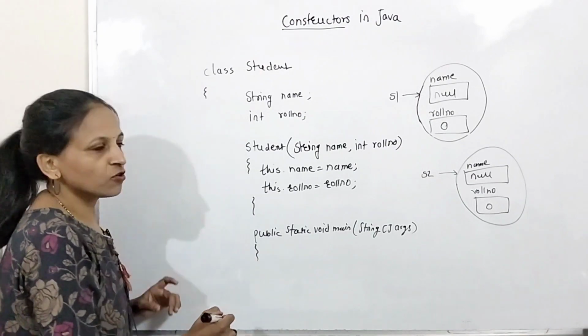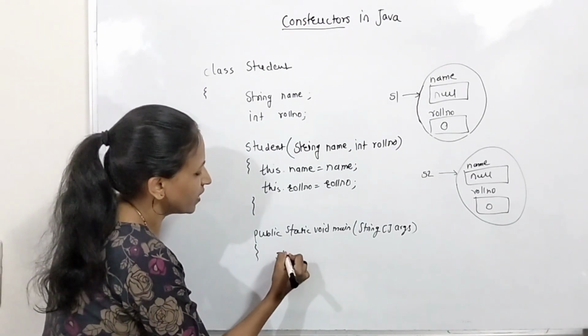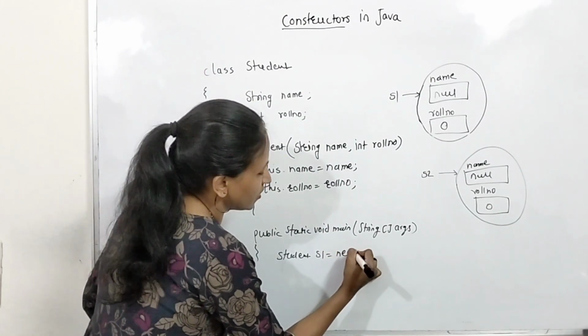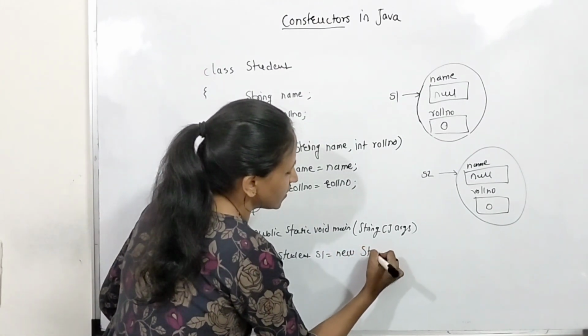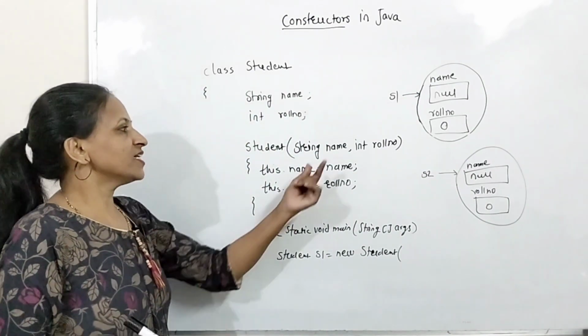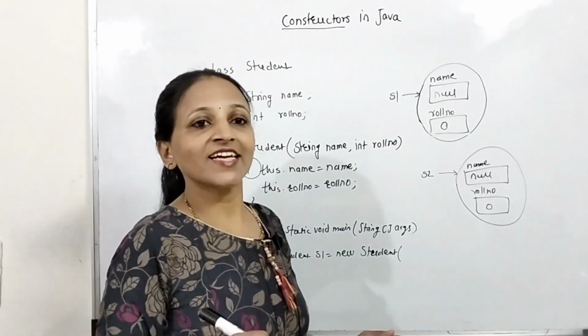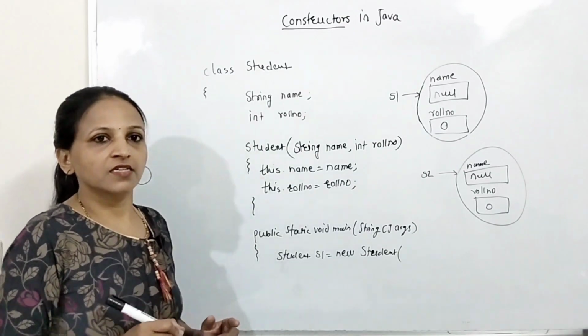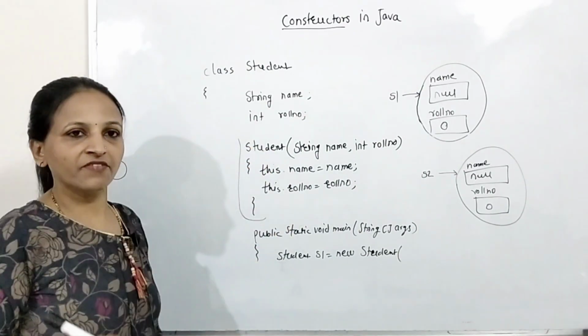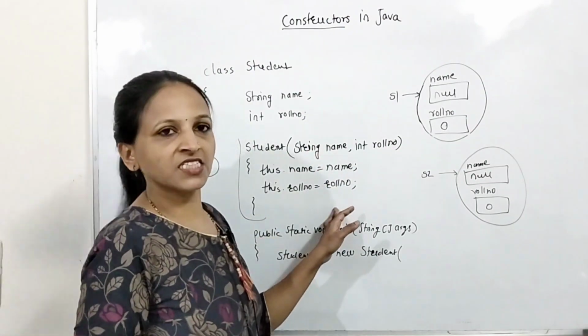Now we have to create object simple the same way like Student s1 equal to new Student, but here we have to compulsory pass two arguments while creating the object. Whenever we write any constructor, see this one is a constructor. I will explain everything how it will get executed.